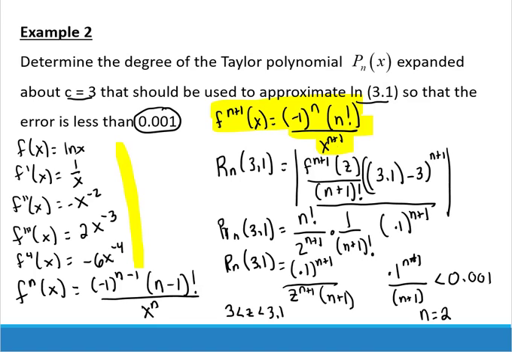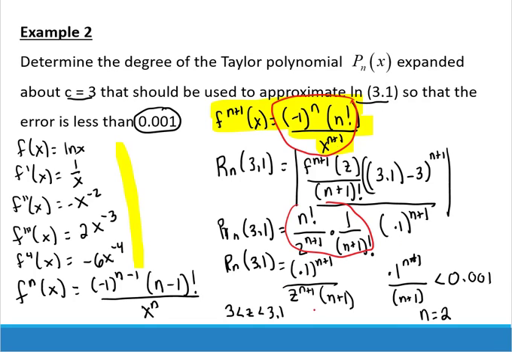I went through and I plugged in the function's derivative, this piece right here, and then I simplified. Now, if z is somewhere in between 3 and 3.1, this value's going to be less than this value. So I kind of took away the z. And then from here, I just, in my calculator, went and found the values.